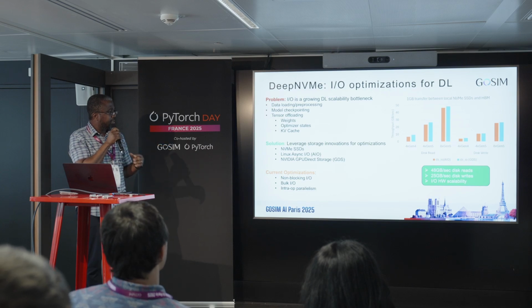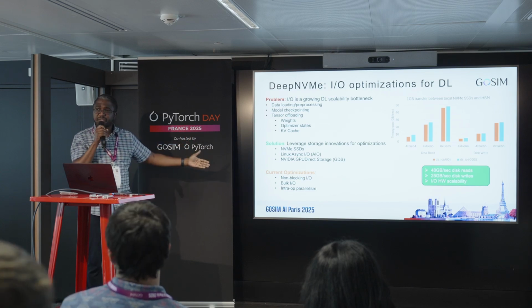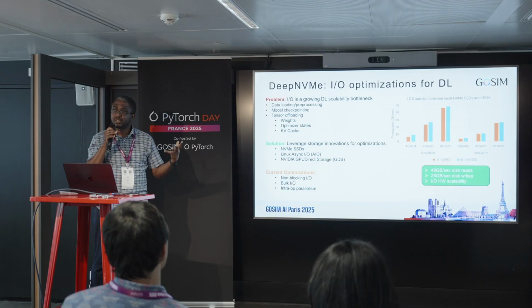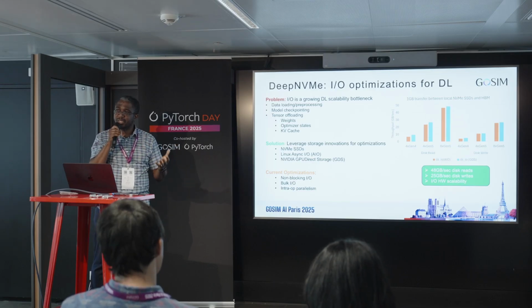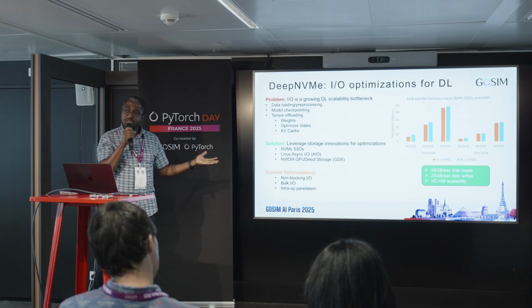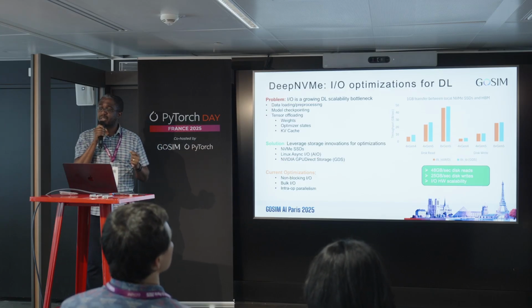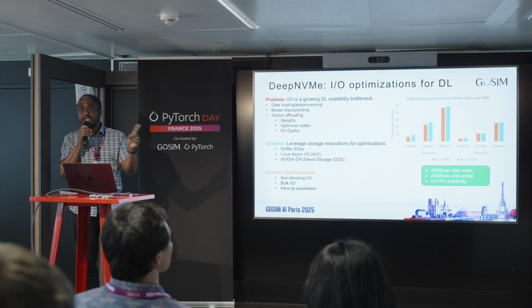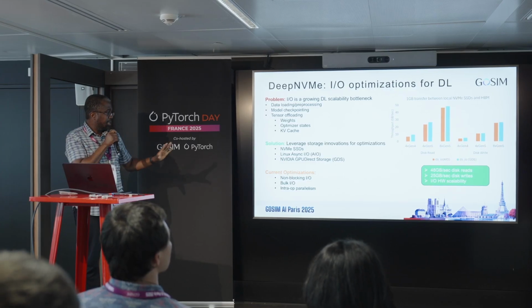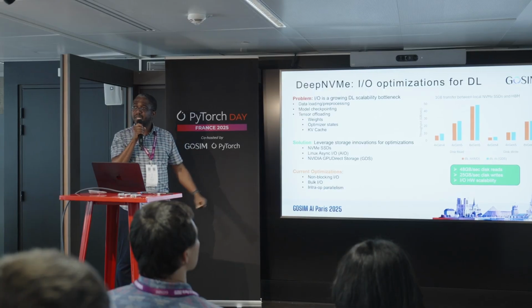The key idea here is that we note that there are a lot of innovations in the storage space, and we want to build optimizations on top of that. So things like local NVMe SSDs, the asynchronous I/O stack that Linux now provides, and things like NVIDIA GPUDirect Storage that allows direct communication between storage and HBM. There we built different kinds of optimizations.